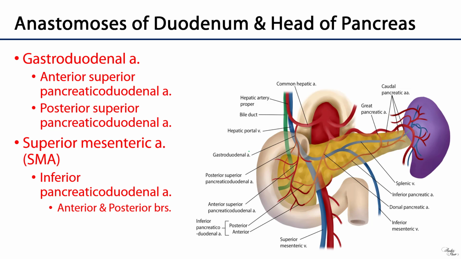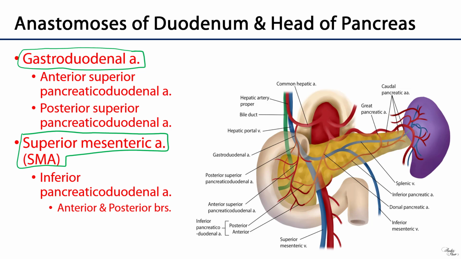So finally, let's look at some of the anastomoses in the vicinity of the duodenum and the head of the pancreas, which will be between the gastroduodenal artery, representing the celiac trunk, and the superior mesenteric artery, which is the dominant blood supply to the midgut.